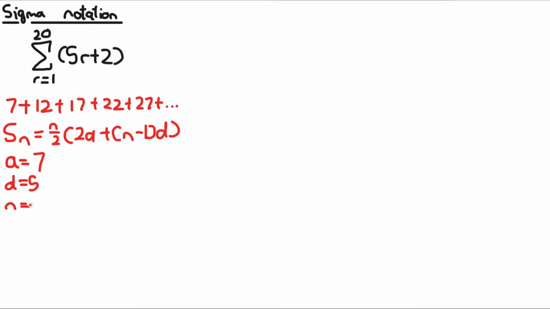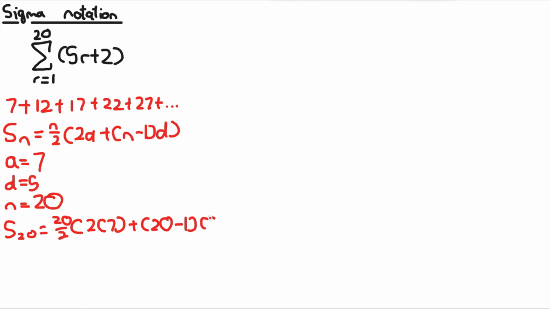And n, we're subbing in all the way up to r is equal to 20. So therefore n is going to be equal to 20, as there's going to be 20 terms. We're subbing in 20 values of r, so there's 20 terms. So therefore it's going to be S20, which is equal to n over 2, so 20 over 2, of 2a, which is 2 times 7, plus n minus 1, so 20 minus 1, times d, which is 5.